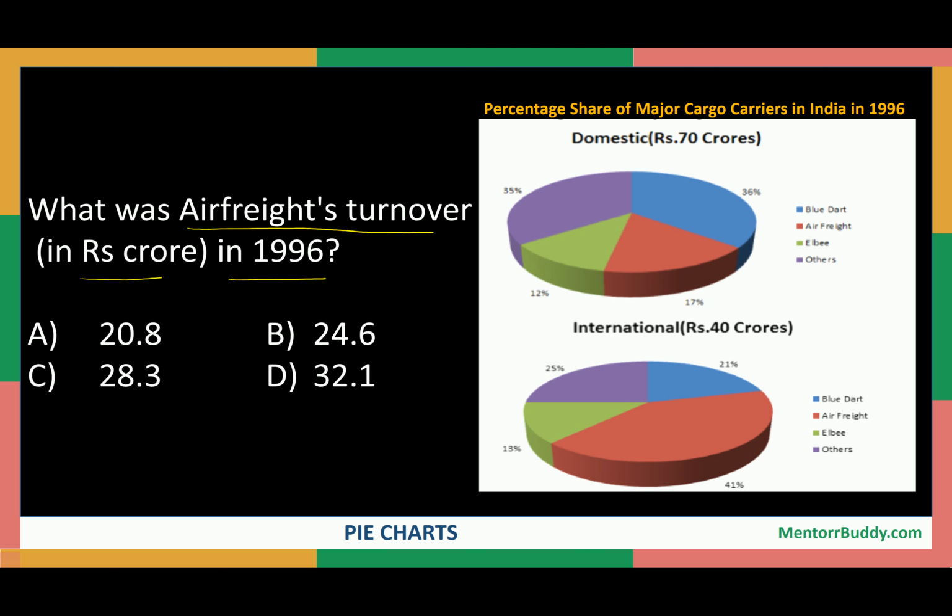Air freight's turnover means we have to calculate the turnover in domestic, calculate the turnover in international, and then add them, so we get the overall turnover of air freight.